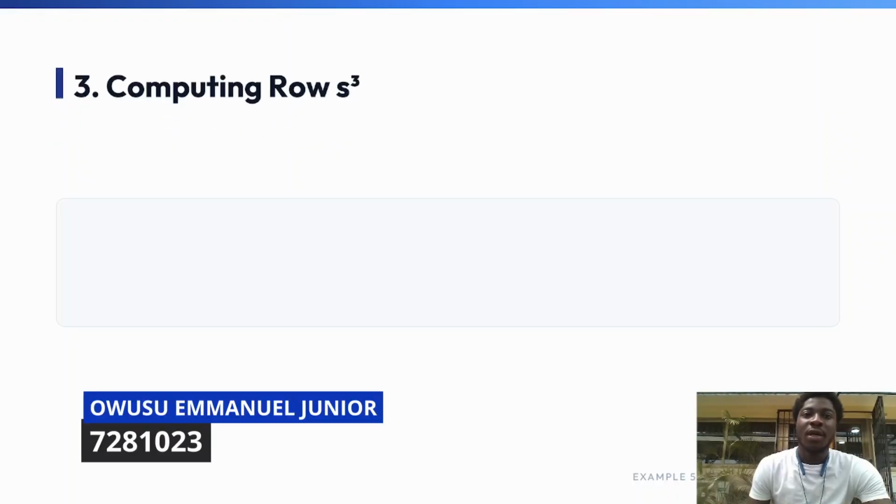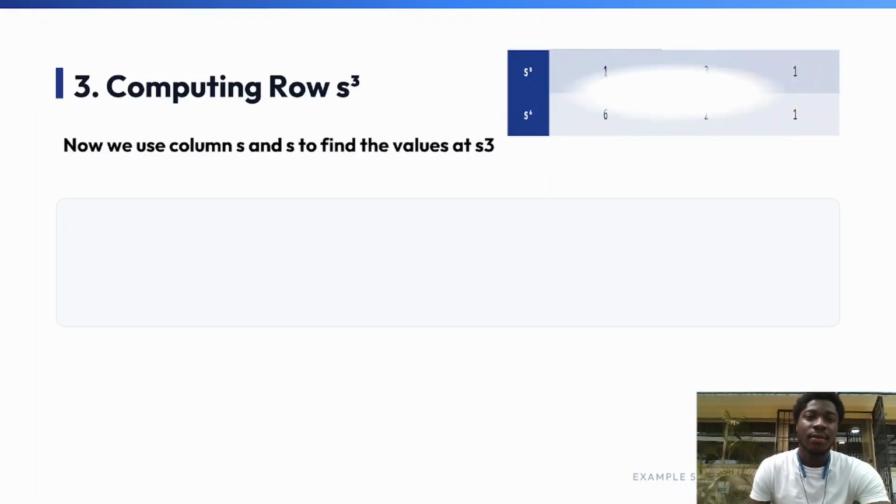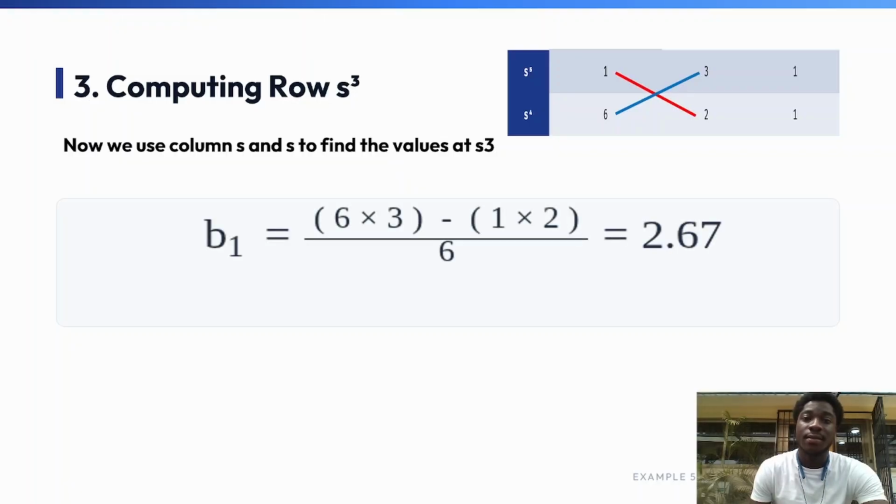Now we move into the actual arithmetic phase for the s cubed row. We use a specific cross multiplication formula where the first element of the row directly above, which is 6, acts as our primary divisor. To find our first value, known as b1, we multiply 6 by 3, subtract the product of 1 times 2, and then divide that entire result by 6.